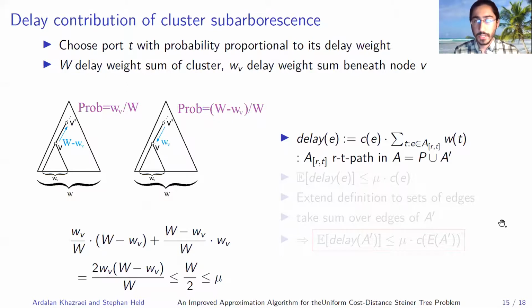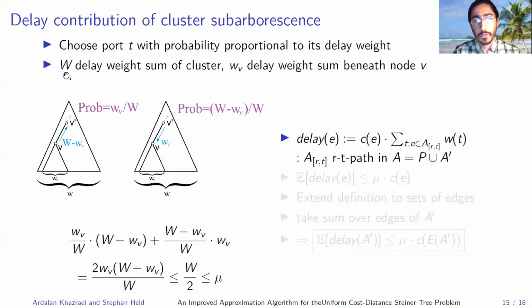In order to see this, instead of the optimum choice, we first make a random choice of terminal within each cluster, with a probability for each terminal proportional to its delay weight. That way we could compute the expected value of different contributions under this random choice, and this will help our analysis further along the line.